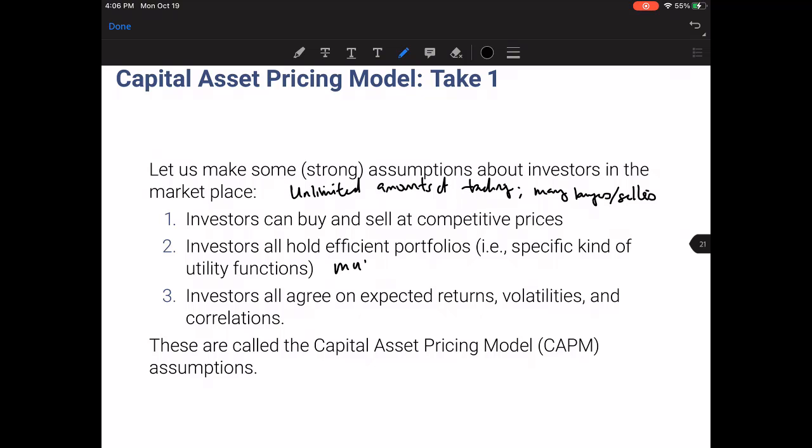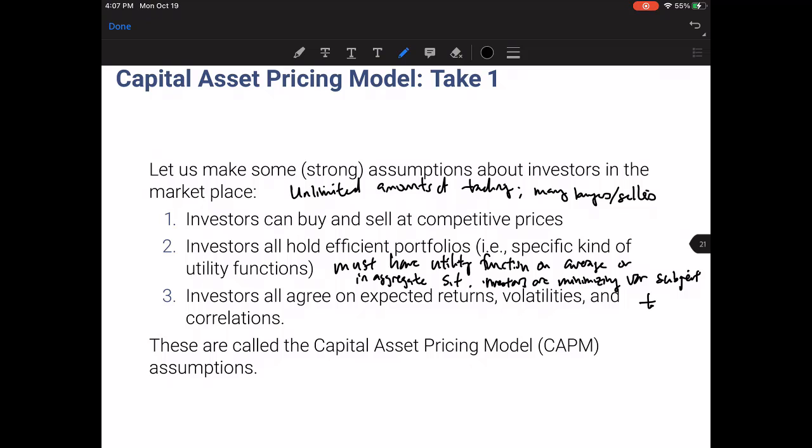So we must have a utility function, on average or in aggregate, such that investors are minimizing variance subject to some minimum return.